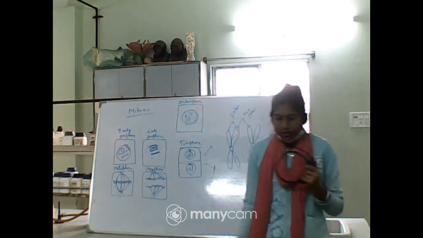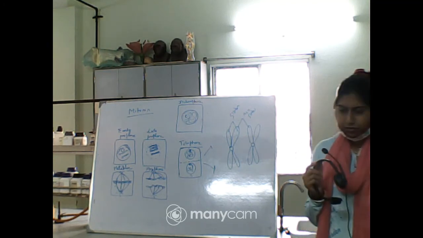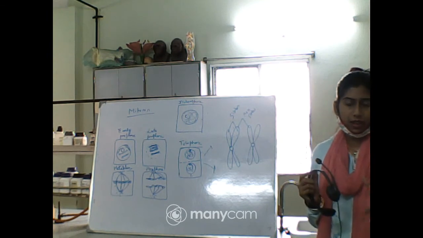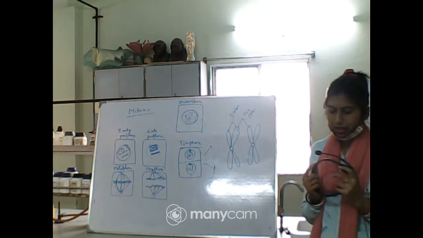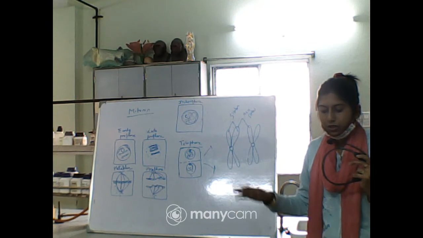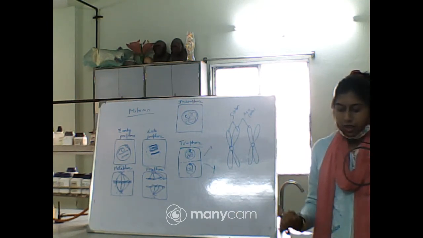So here you can see I have drawn it on the board. The same criteria will be in the prophase stage of mitosis in the grasshopper, but with the addition that the centriole pair will replicate to form two pairs of centrioles which migrate towards the opposite poles.